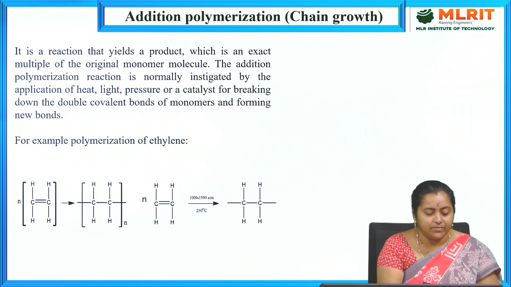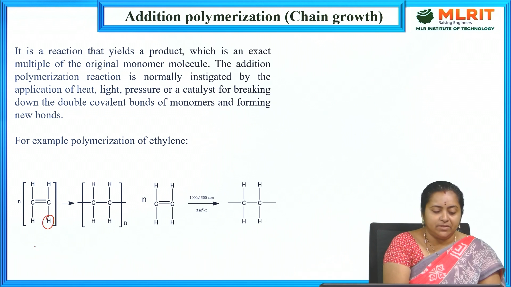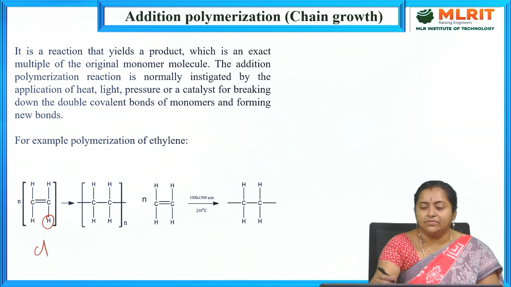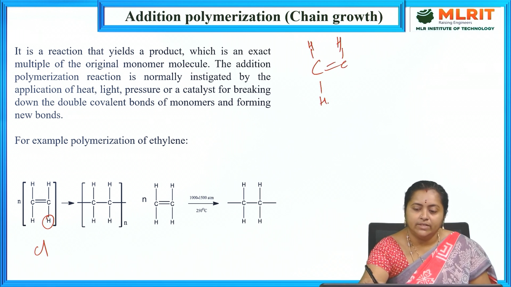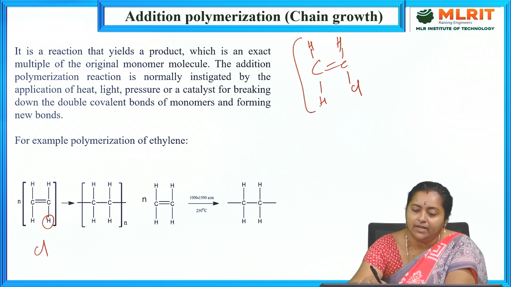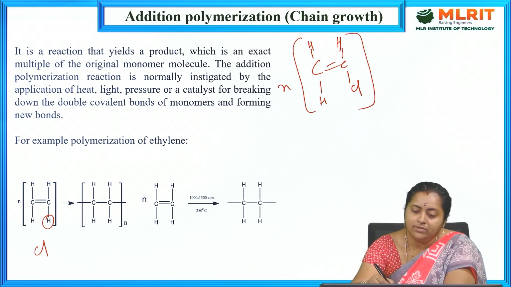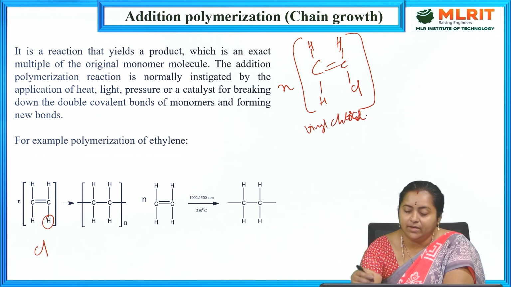For this one, if I replace this hydrogen with chlorine, then the example becomes vinyl chloride, C double bond C, with H and Cl. This is nothing but vinyl chloride, and n moles of vinyl chloride we are going to consider.